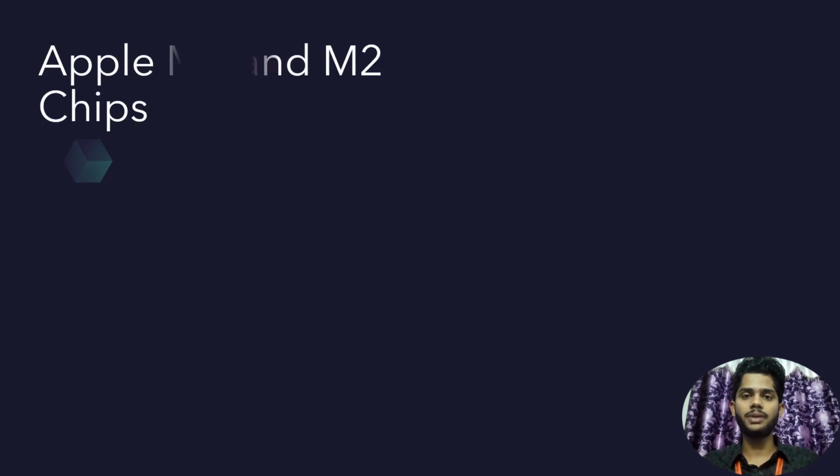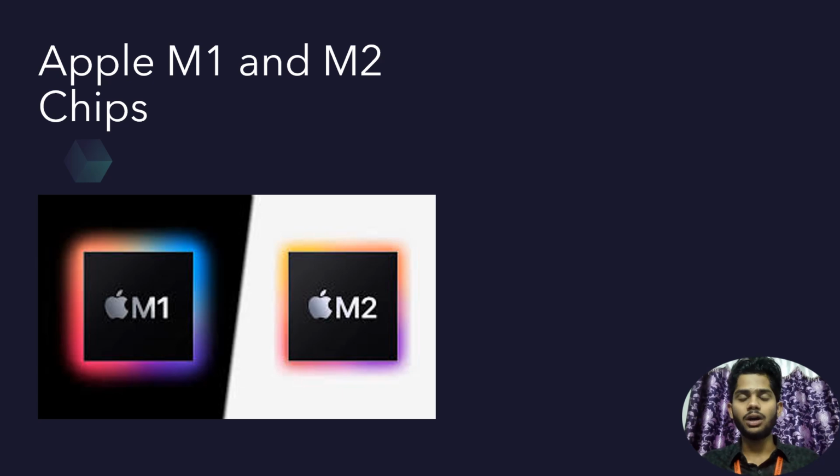Now let's discuss another chip, the Apple M1 and M2 chips. These chips are more advanced than the Intel and AMD Ryzen series. You can see here M1 and M2. The M2 chip is more advanced than the M1 series.